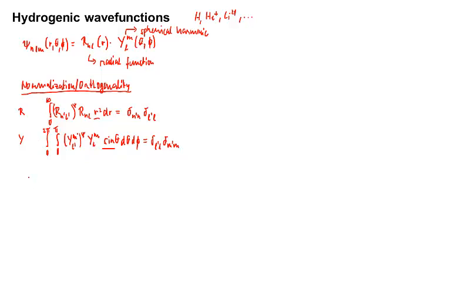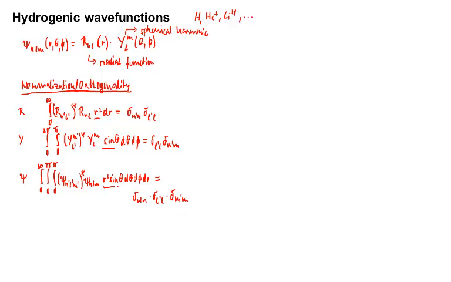Together, R and Y mean for psi the following: the integral from 0 to infinity, integral from 0 to 2π, and the integral from 0 to π of ψ_n'l'm' complex conjugate times ψ_nlm r² sin θ dθ dφ dr equals δ_n'n times δ_l'l times δ_m'm.